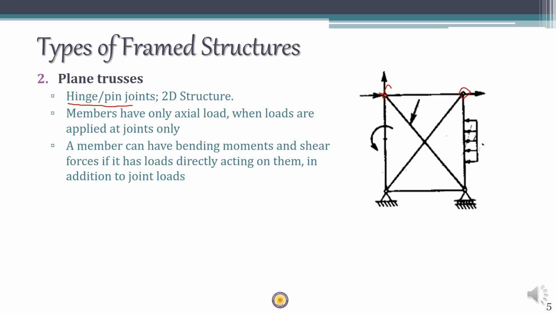The loads in a truss are primarily applied on the joints. In some cases the loads can be applied on the members also. In such cases the members will be subjected to some local bending moment. However, in no case can you apply a torsional moment on the members of a truss. So that's about the plane truss.